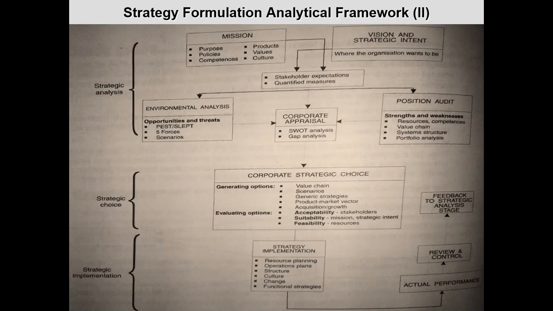To shortlist those strategies, we have to put them through the filters of acceptability, suitability, and feasibility. As I told you in the previous slides, acceptability would mean the concerns of the stakeholders. The suitability would mean mission and strategic intent and associated options. And the feasibility would talk about the 8 M's in terms of our resources, like the machinery, the men and women we have, the money we have, and the makeup of an organization. So these are all the feasibility or resource-based considerations.